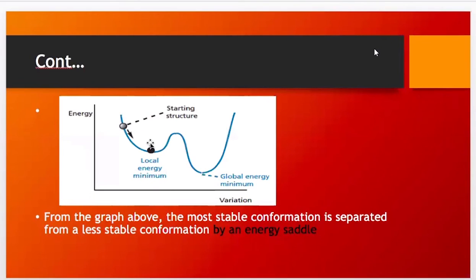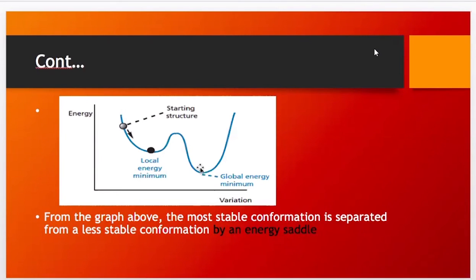So this software will not know to say that after this barrier, there's actually a point which you call a global energy minimum, where you can obtain the most stable conformation of your compound. Meaning the compound that you're going to obtain here will only have attained stabilization until this point and not up to the other end.